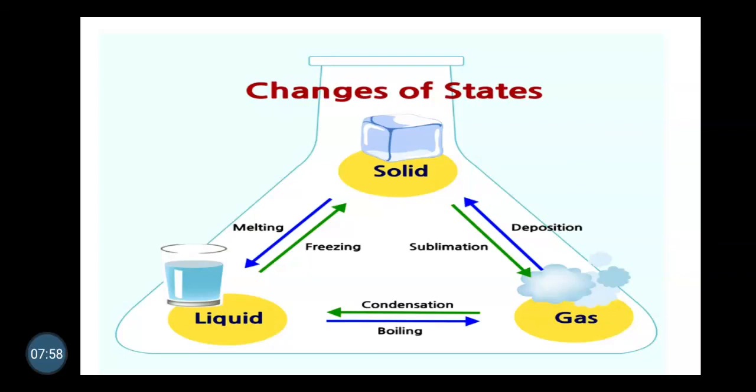Also, if we have a liquid and put it on the stove, it changes into water vapor, from liquid to gas. Again, if the gas faces a cold surface, it changes again to liquid. This happens by cooling.